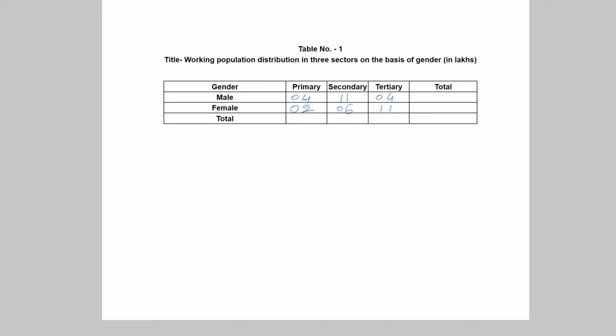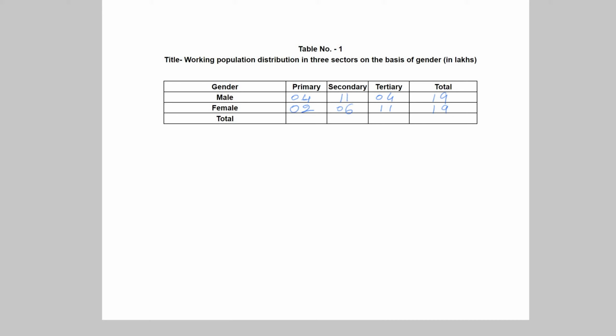If we add all these numbers horizontally, then we get 4 plus 11 is 15, plus 4 is 19. So here it is 19 lakhs. Then in the row of females, 2 plus 6 is 8, 8 plus 11 is 19, again it comes to 19. And the next thing is total.